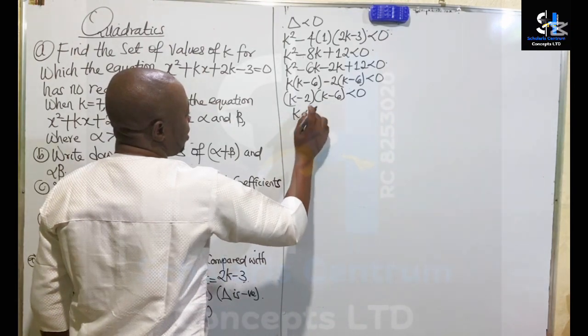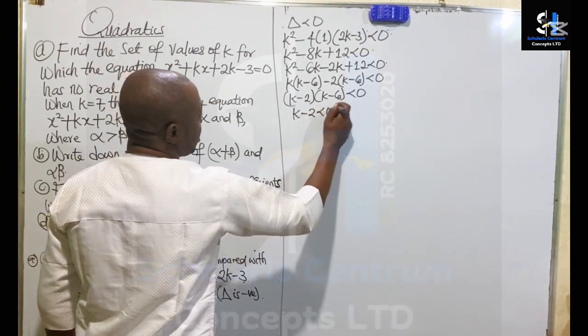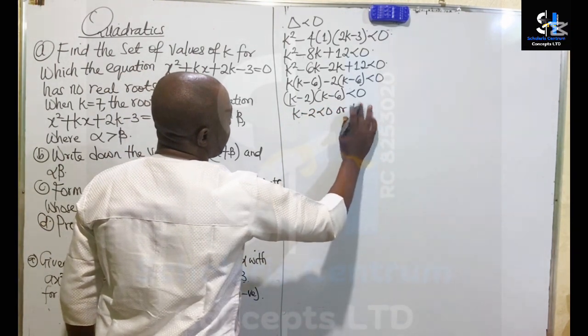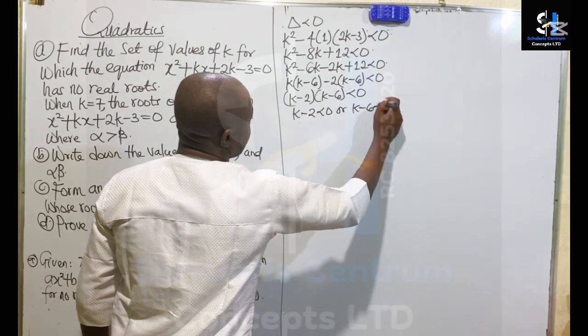So that k minus 2 is less than 0, or k minus 6 is less than 0.